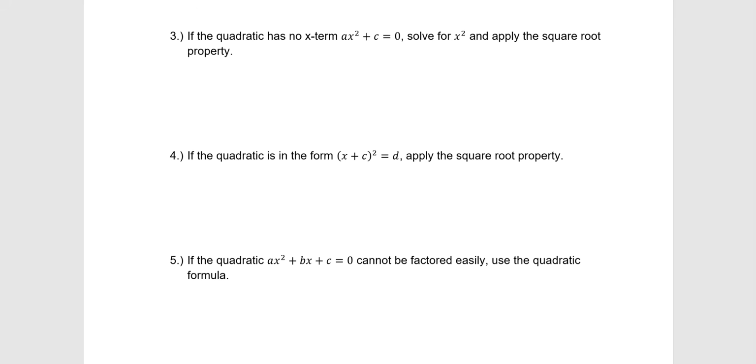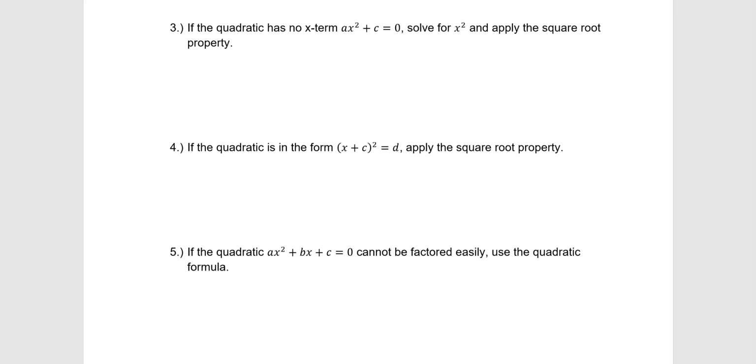For the next one, if the quadratic has no x term, so if we have something like ax squared plus c equals 0, we can solve for the x squared and apply the square root property. So for example, if we have 2x squared minus 32 equals 0, there's no x term here, so we can add 32 to both sides and get 2x squared equals 32.